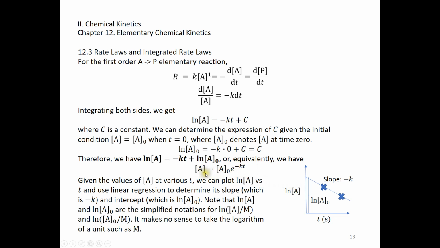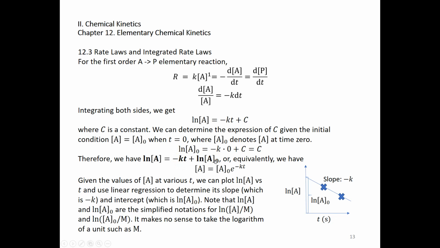And now, if you just look at these two equations, we can use either one to analyze this concentration change of A. If we use the logarithm equation, we can make a graph of ln A versus time. You can see the slope should be negative k, the intercept should be ln A naught.